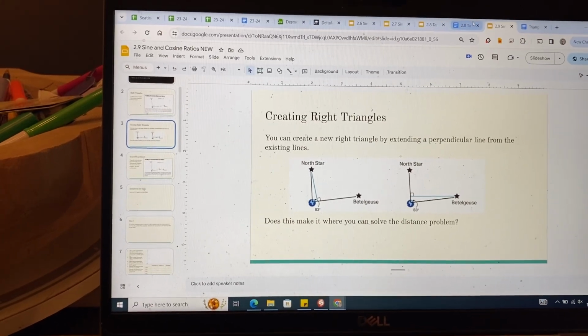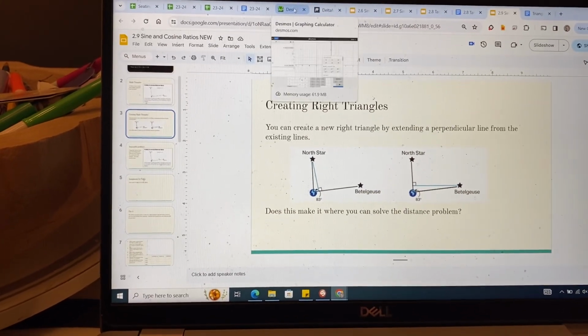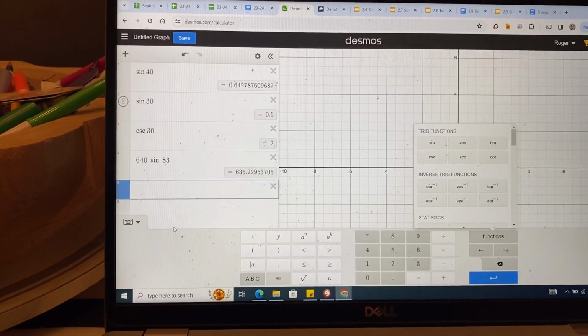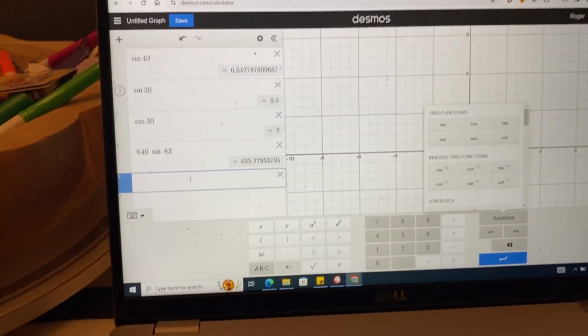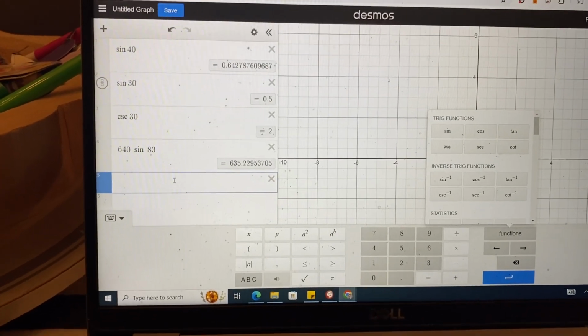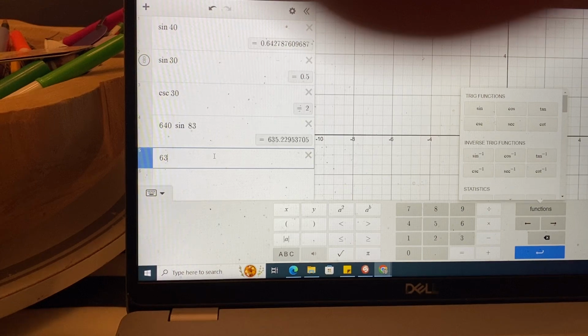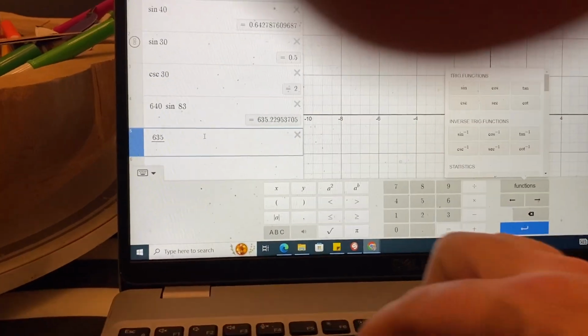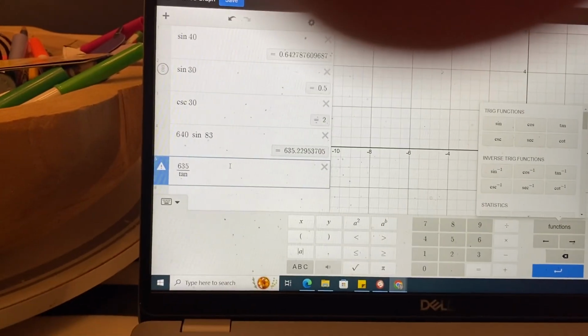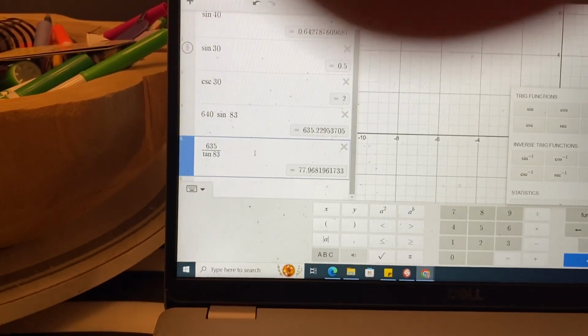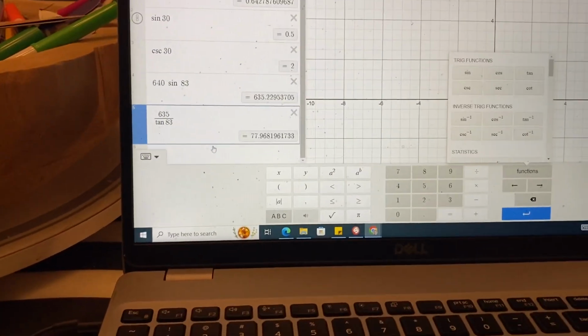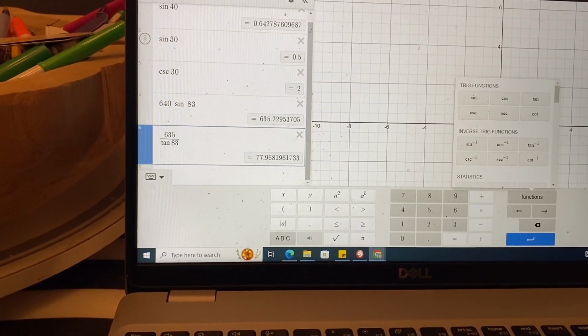So the tangent of 83 is equal to my opposite over my adjacent. The adjacent's the one that I don't have, so I'm going to swap those. So this is 635 over the tangent of 83, which gives me 77.96. I'm just going to call that 78.